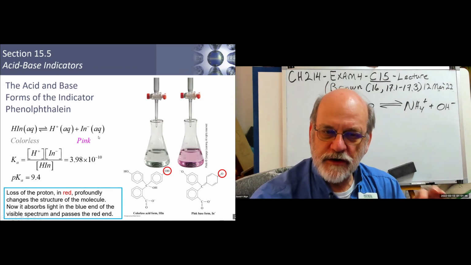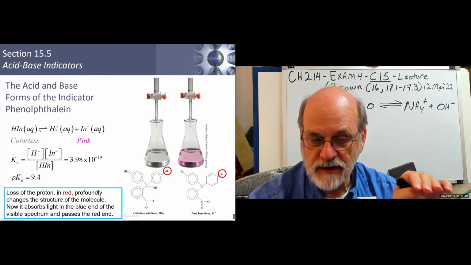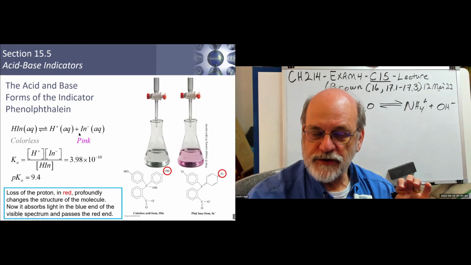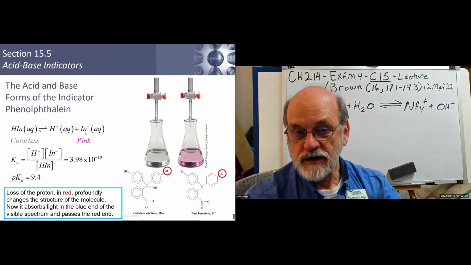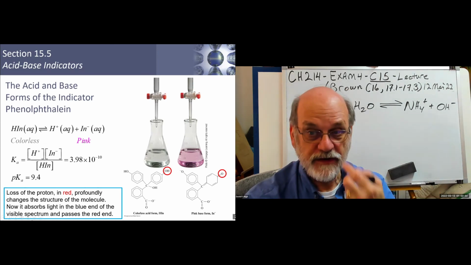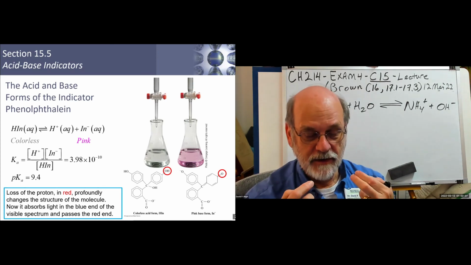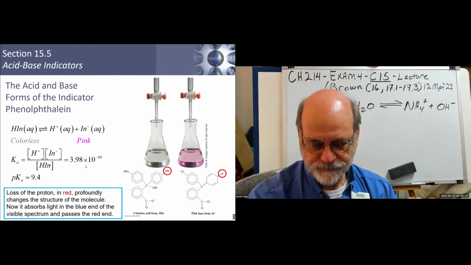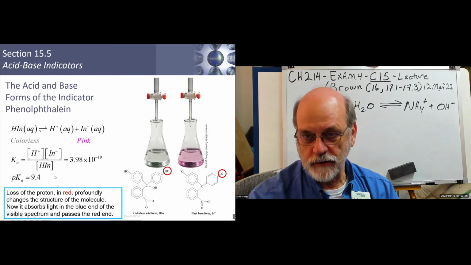So when we have consumed enough of these hydrogen ions by adding base, then we produce a sufficient amount of the ionized, the conjugate base indicator, to produce that pink color that we can see with our eyes. So there's some physiology going on here too, right? When can we detect that change? Well, the pK for this reaction is 9.4.